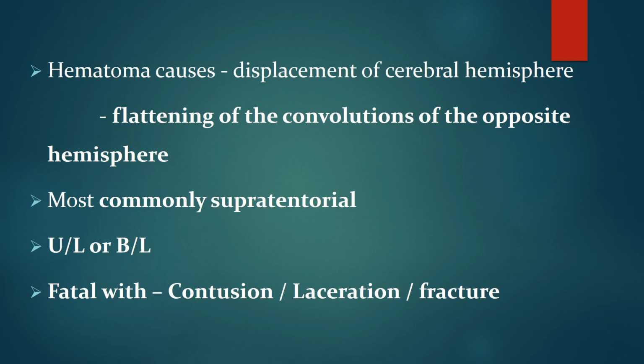When it enlarges, it causes displacement of the midline, or shift of the midline. So the cerebral hemispheres are pushed to the opposite side, or it can lead to flattening of the convolutions of the opposite hemisphere as that side is pressed against the opposite side of the skull.